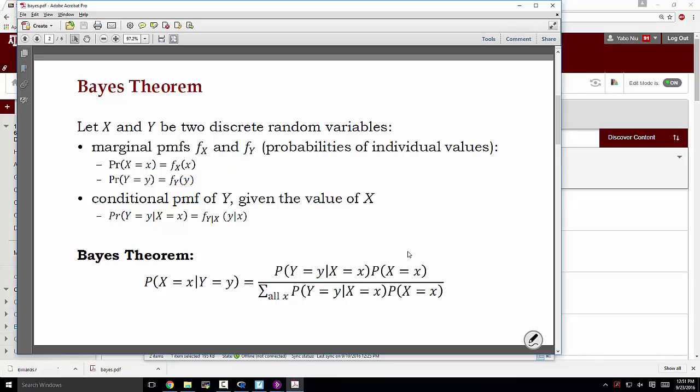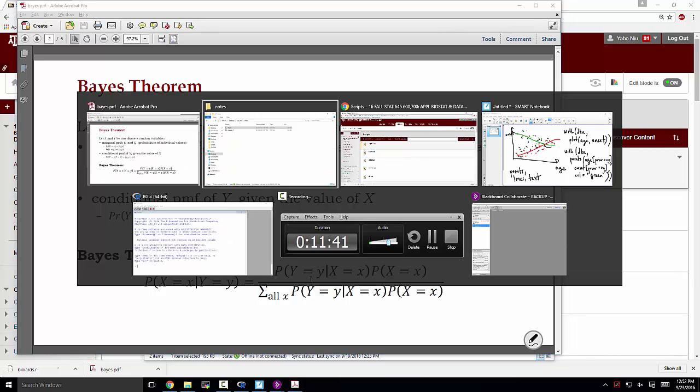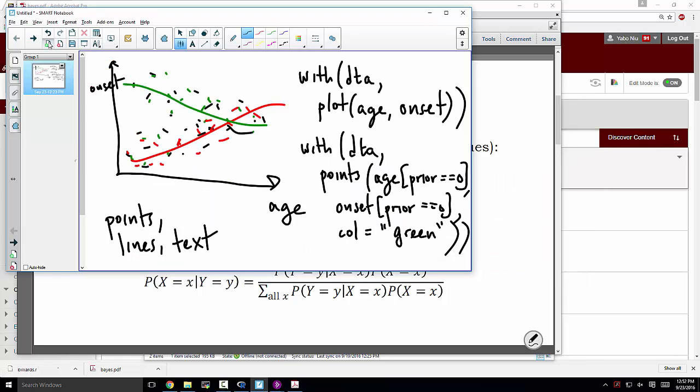The big picture is, when we have data that we can use to estimate the distribution of y given x, Bayes' theorem allows us to swap the ordering of the conditioning and speak instead about x conditional on y. This is really just an application of the definition of conditional probability.